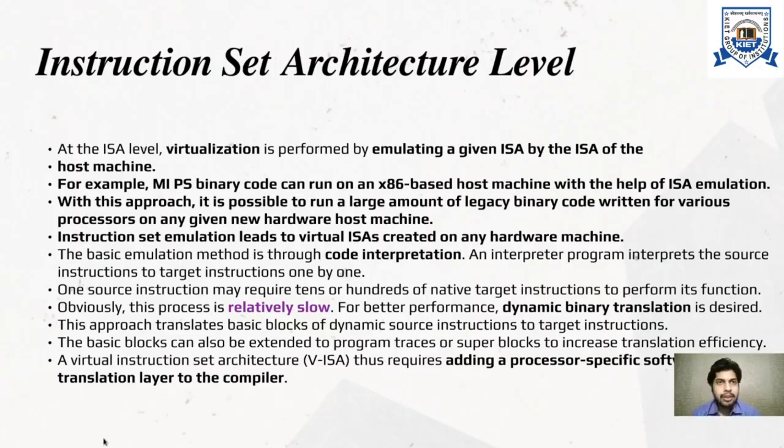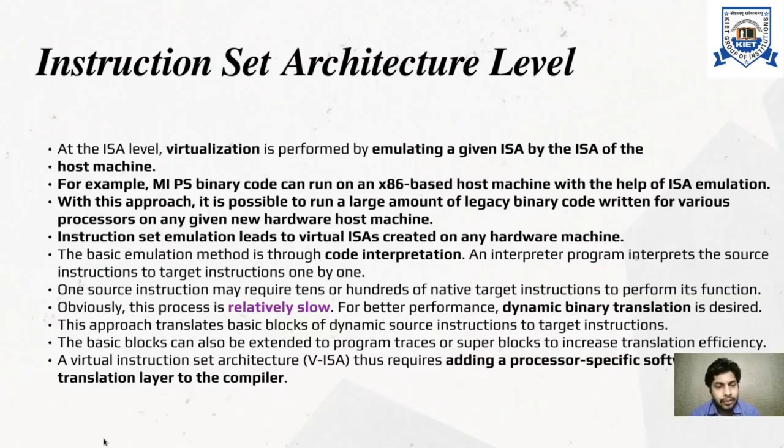So you cannot just take the assembly level code from one computer and run it on another computer which may have a different hardware architecture. If the hardware is different, you cannot run that same assembly. One of the basic advantages of using a virtualization layer at the instruction set architecture level is that you can emulate a given ISA by the ISA of the host machine.